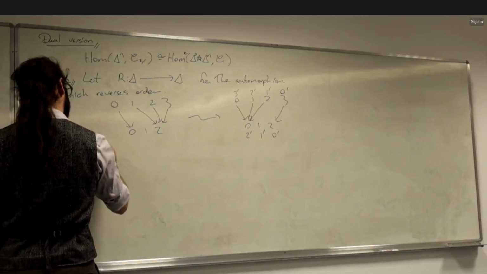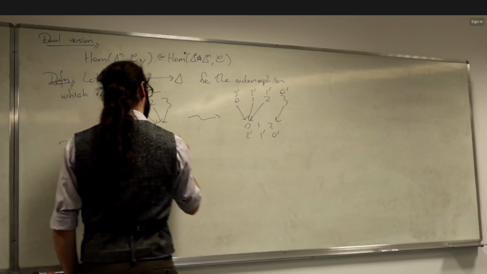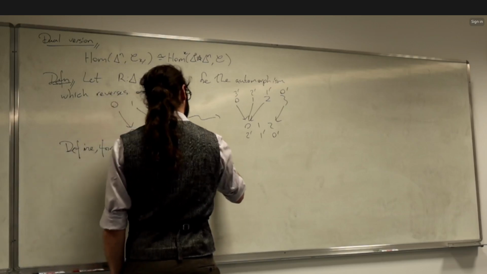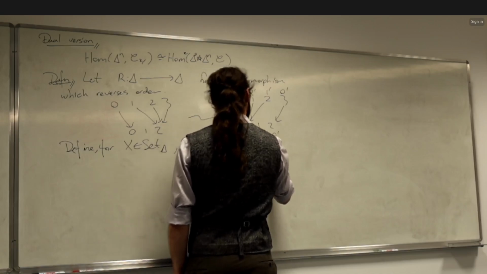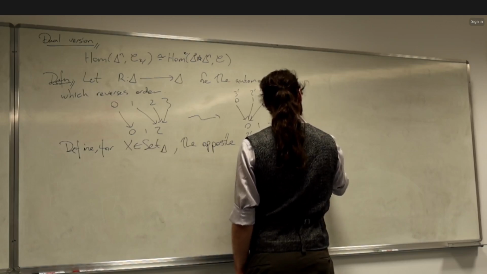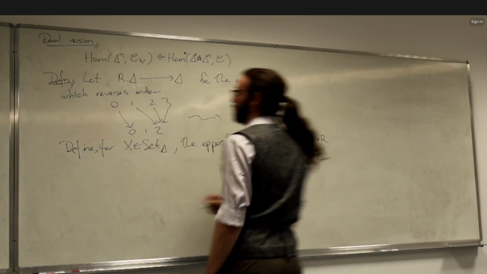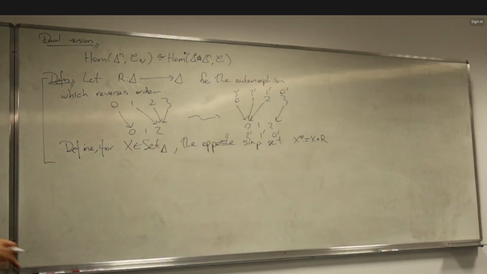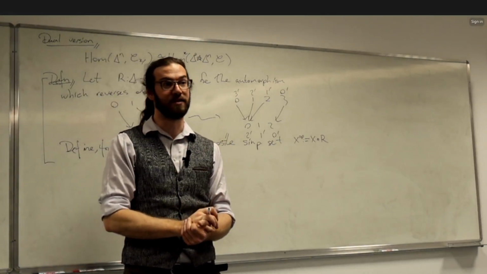Define for X in simplicial sets the opposite simplicial set X op to be just X composed with this order reversing automorphism. Just think of this as reversing all of the directions of all of your one simplices, if you like.